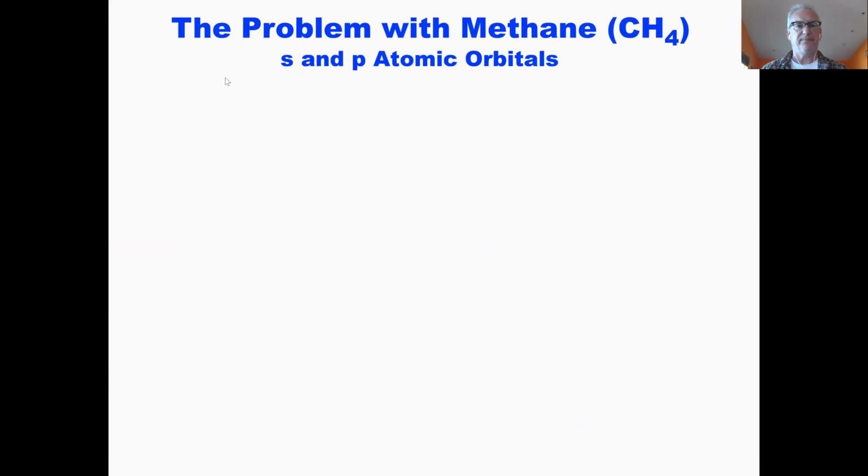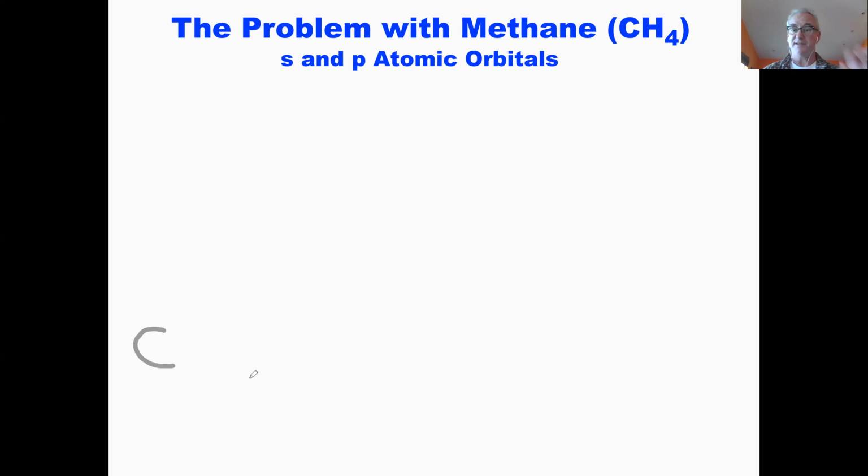there's a problem. I want to go over it again briefly. We learned with atomic orbitals how to put things in s and p and d and f, all those fun little boxes that we put electrons in. When we looked at carbon, here's just a carbon atom by itself.